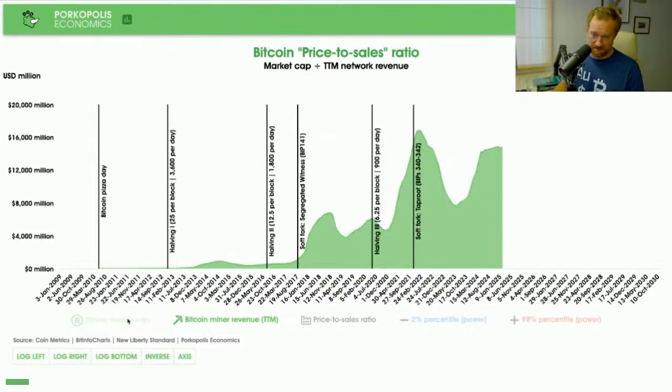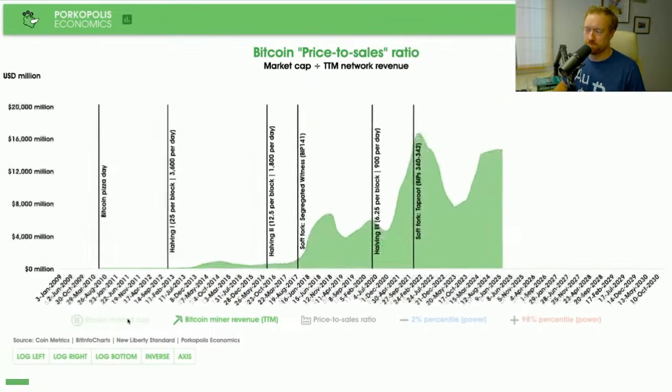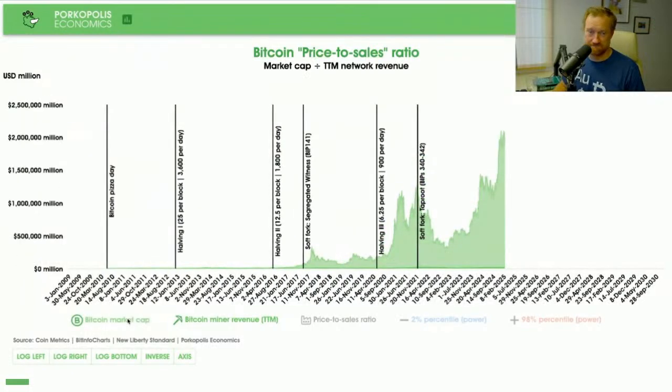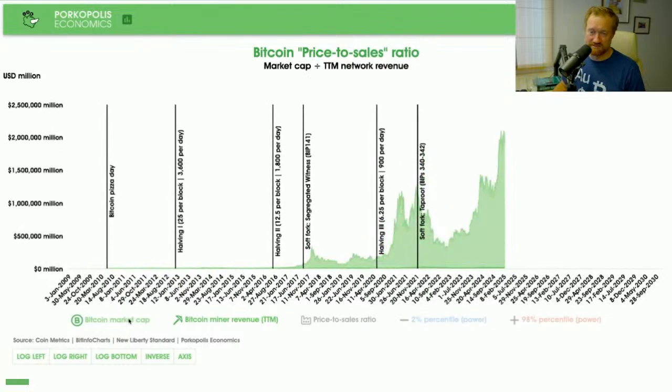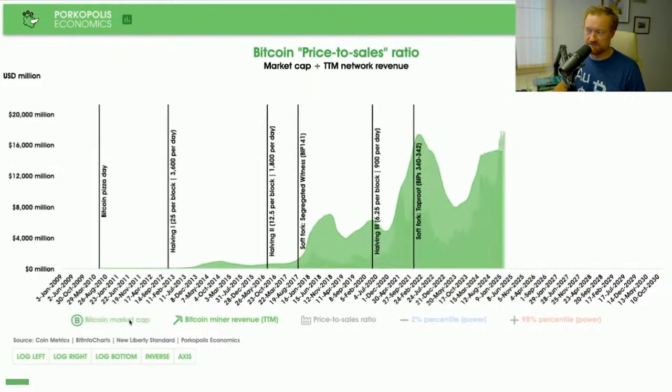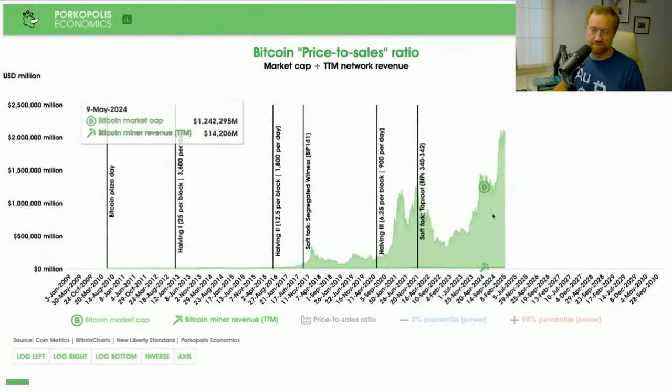So remember, $2 trillion market cap. How does that look on the chart when we draw it? Pretty wild, huh? The market cap of this nascent, still small, new digital money dwarfs the ongoing revenue that miners earn.